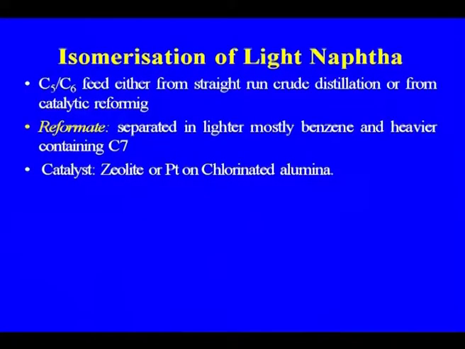C5, C6 feed, either from straight run crude distillation or from catalytic reforming, goes for the isomerization process. Reformate is separated into lighter, mostly benzene, and heavier containing C7. Catalyst is zeolite or platinum on chlorinated alumina.